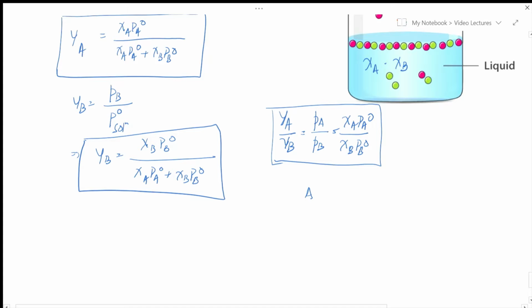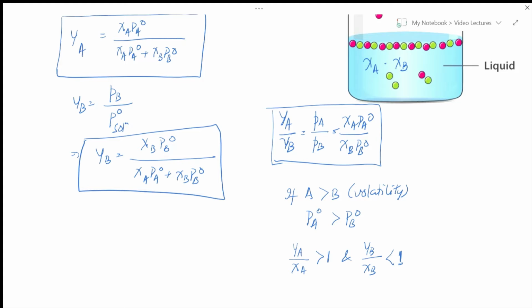So if A is more volatile than B, or if Pa naught is greater than Pb naught, which means the exact same thing, then Ya divided by xi A will be greater than 1, and Yb divided by xi B will be less than 1. This means that since A is more volatile, its vapor phase mole fraction is greater than its liquid phase mole fraction.